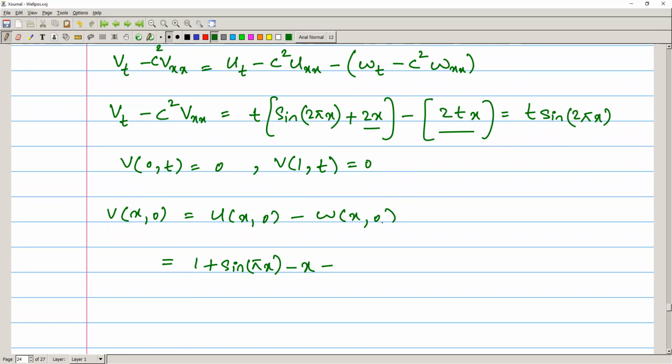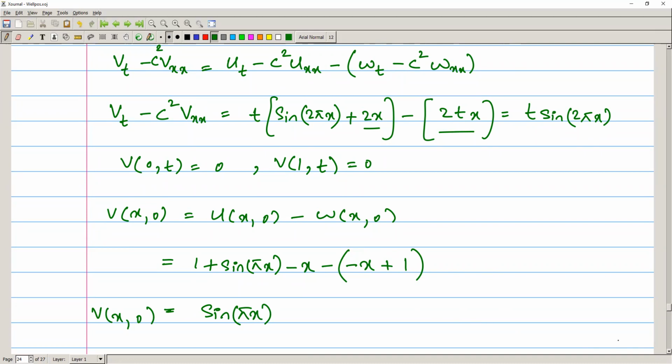So w of x comma 0 will be negative x and positive 1. So we will only be left with sine pi x. So v of x comma 0 is equal to sine pi x.